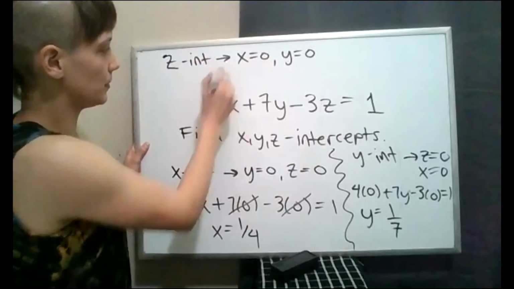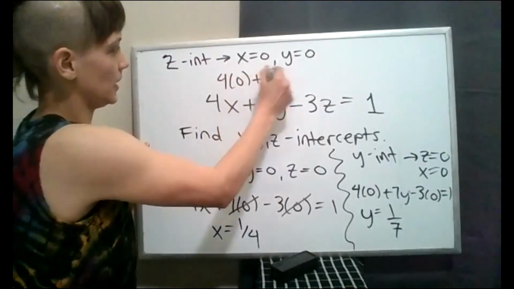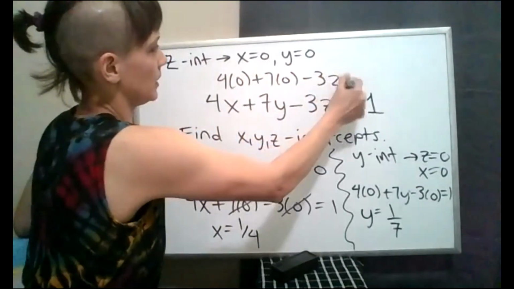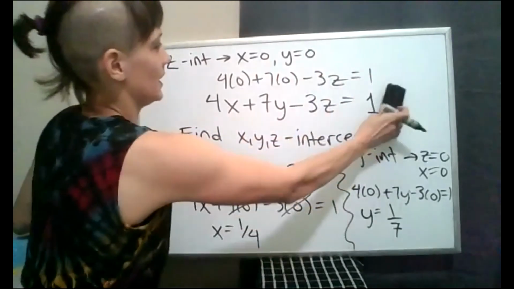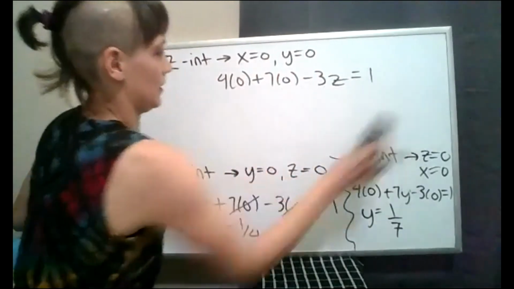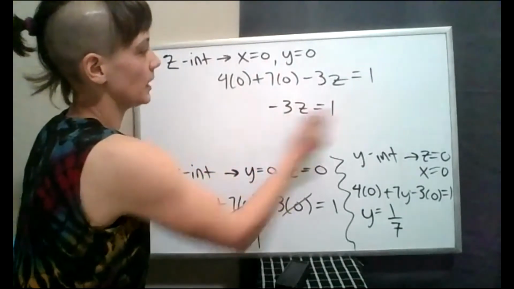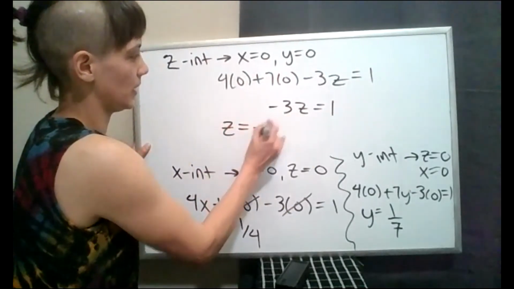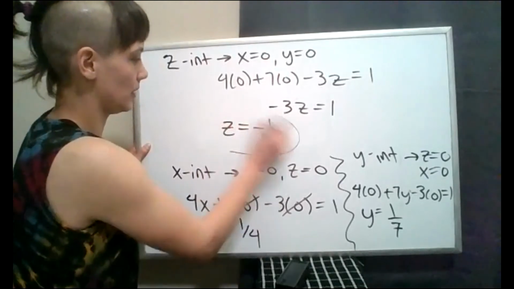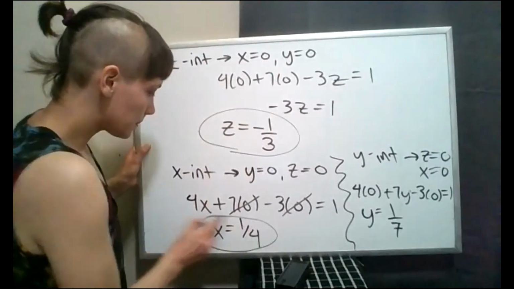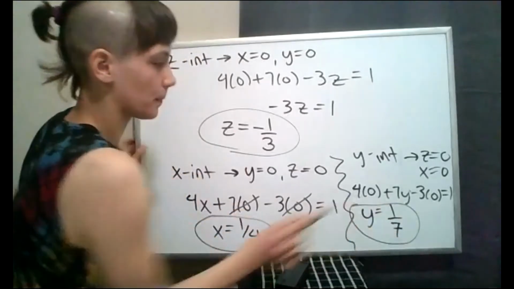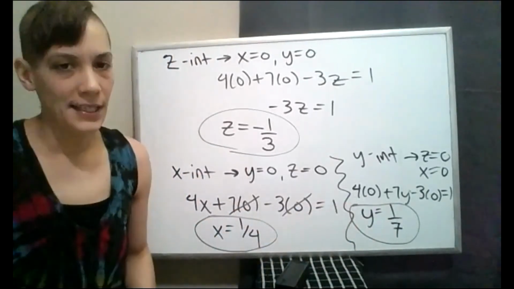Okay, 0 plus 7 times 0 minus 3, 0 plus 0, negative 3z equal to 1. I've got a z equal to negative 1/3. I think that one's not too bad.